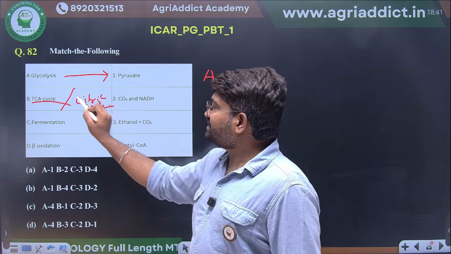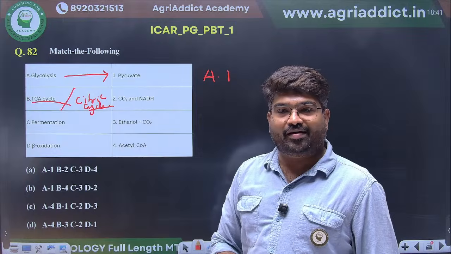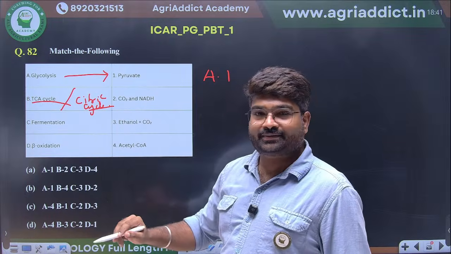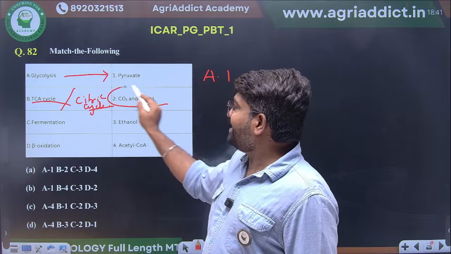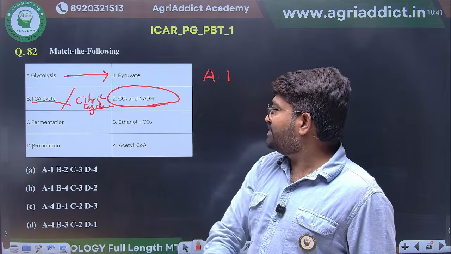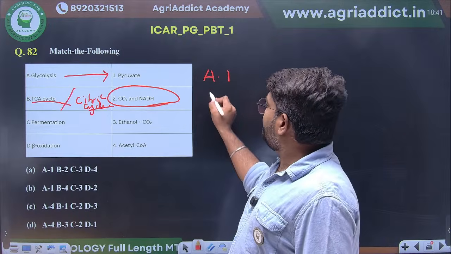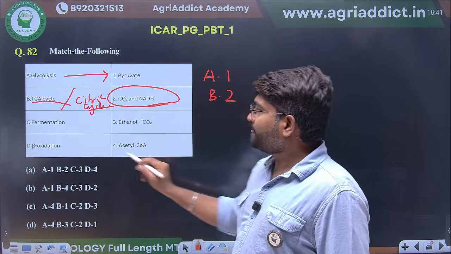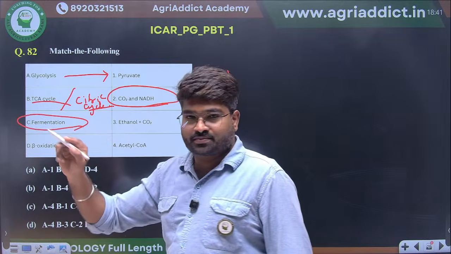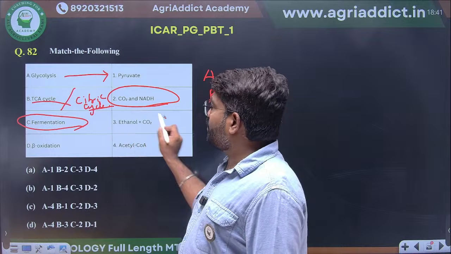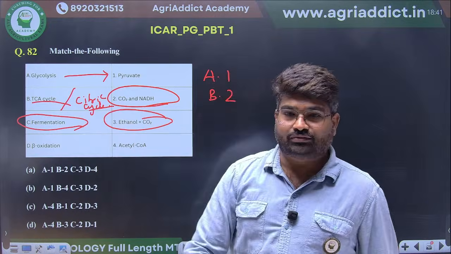The end product is carbon dioxide and NADH. So B is 2. Fermentation means anaerobic respiration. There the end products formed are ethanol and CO2.